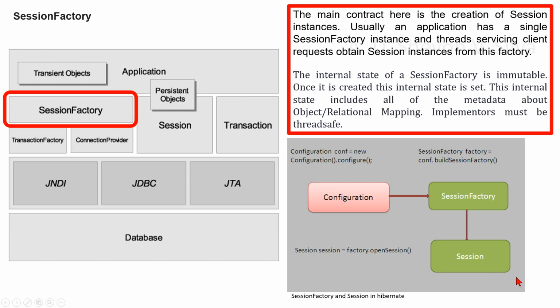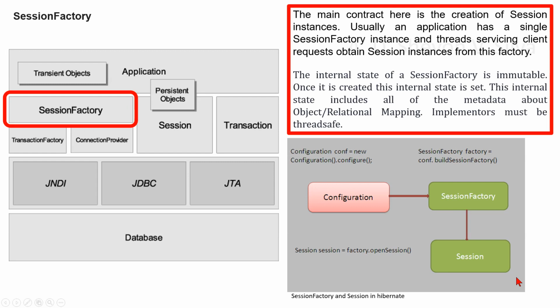Session is an interface available in the org.hibernate package, which provides different APIs to communicate from a Java application to Hibernate. Let's see some points related to session. The session is not thread safe. The main use of the session object is to perform create, get and delete operations for Java class entities.